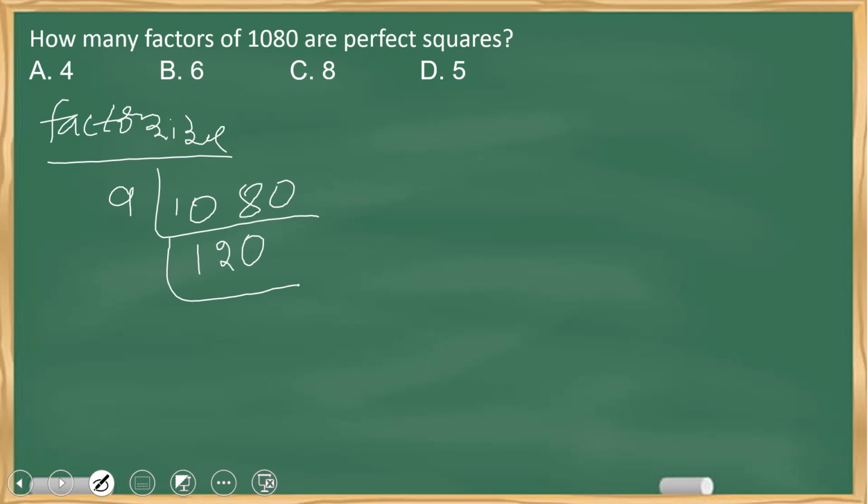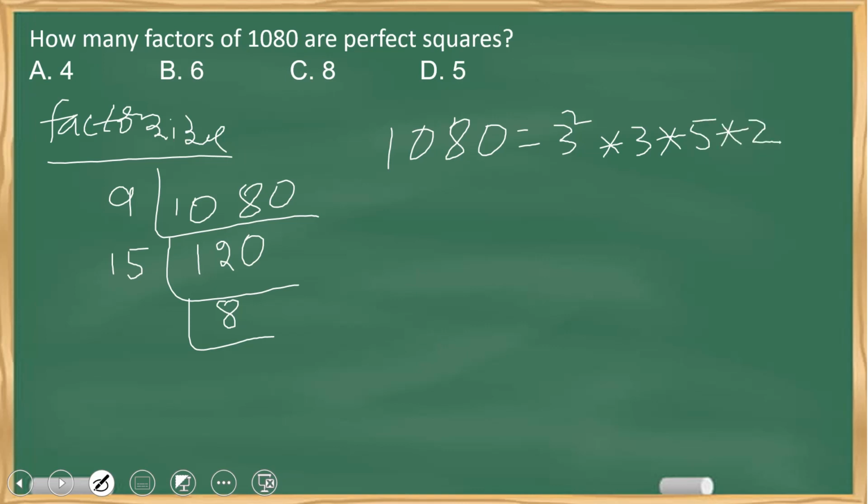Next, this is divisible by 8. So 1080 is equal to 3 square into 3 into 5 into 2 cube. Make it order-wise: 2 cube into 3 cube into 5 power 1.